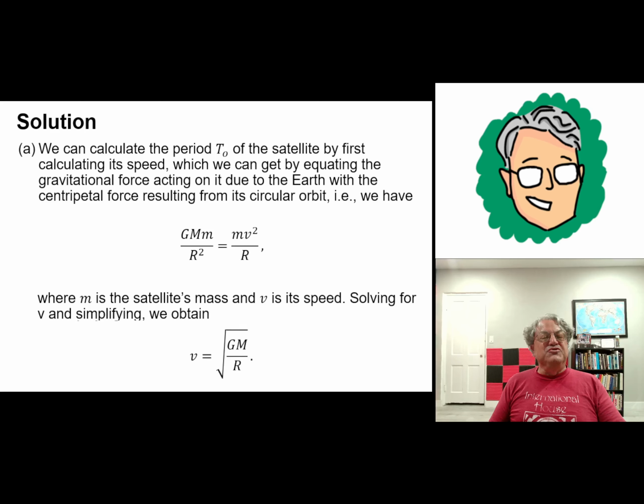Newton's law of universal gravitation says that the gravitational force acting on any object due to the Earth is equal to capital G times capital M, that's the mass of the Earth, times little m, that's the mass of the object, divided by capital R squared, where in this case capital R is the radius of the Earth. That's just the gravitational force at the surface of the Earth. I'm sure you all learned that formula if you took a first year physics class.